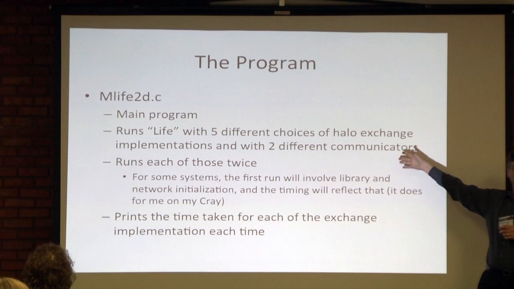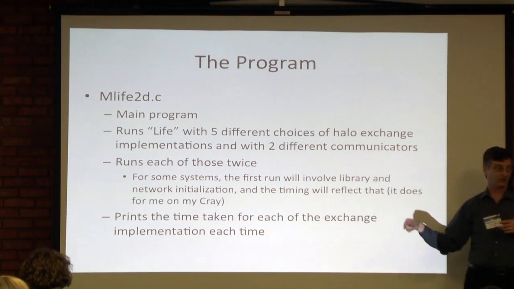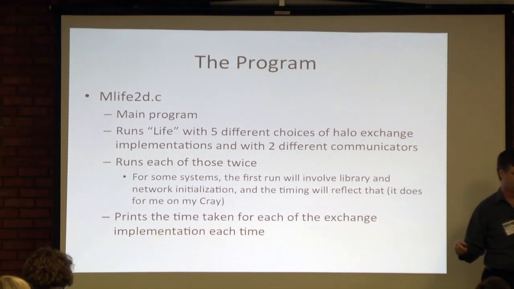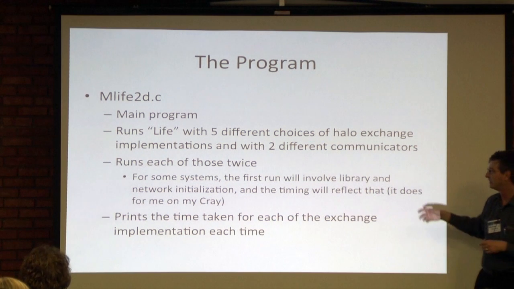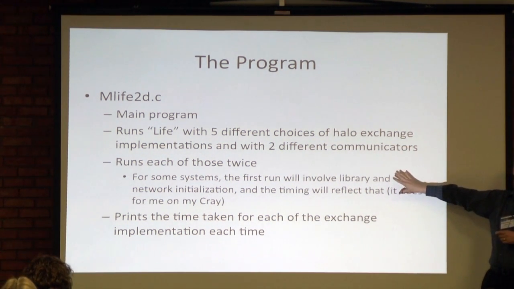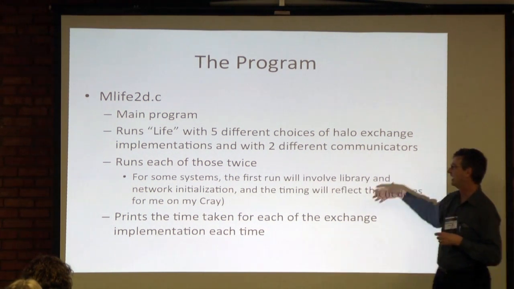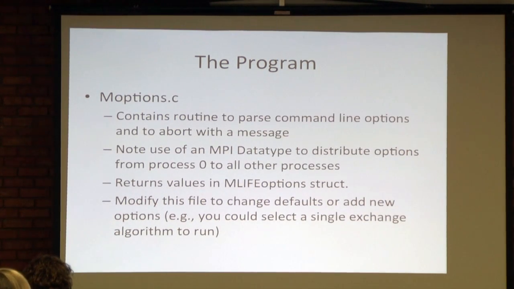On the Cray system that I ran these on, the times for the first run and the second run were significantly different. On the Blue Gene, the difference tends not to be there. That's just normal. If you don't effectively throw away the first time you run something when you're timing things, you need to stop doing that. And for each of those, it prints the time that it takes. That's why you get so much output.